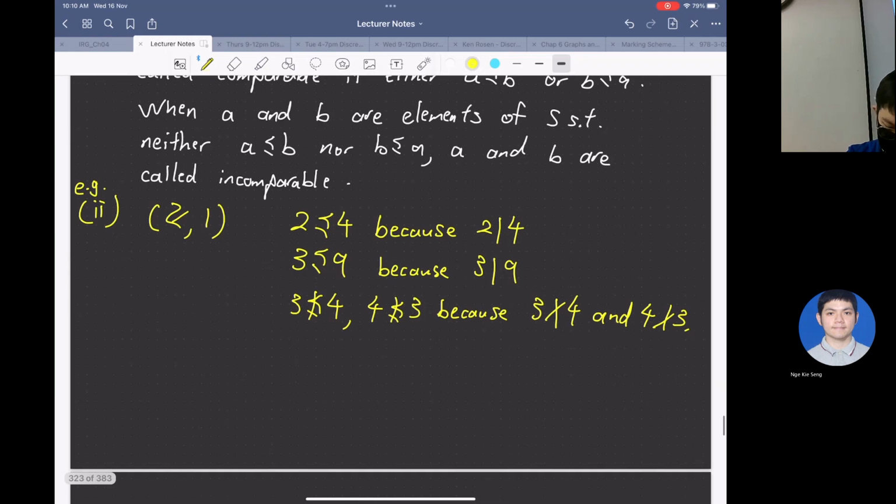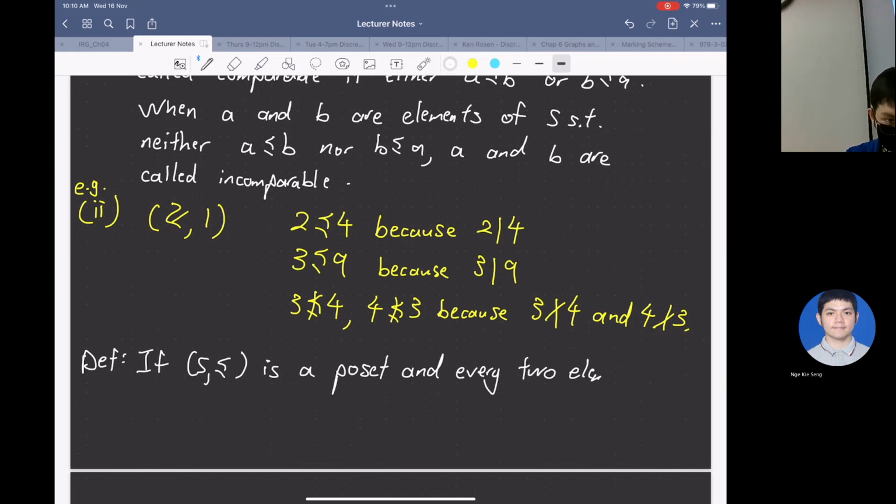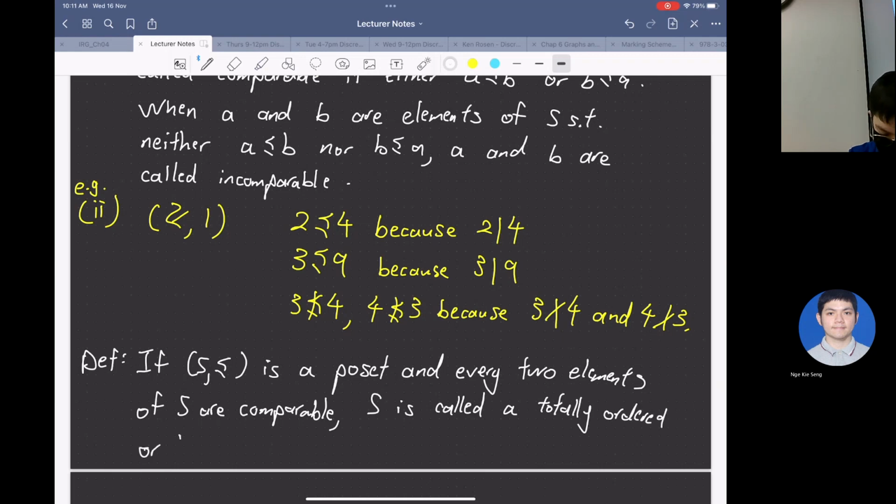So let's say in your poset, if you can compare every 2 elements in your set, then X is called a totally ordered or linearly ordered set.